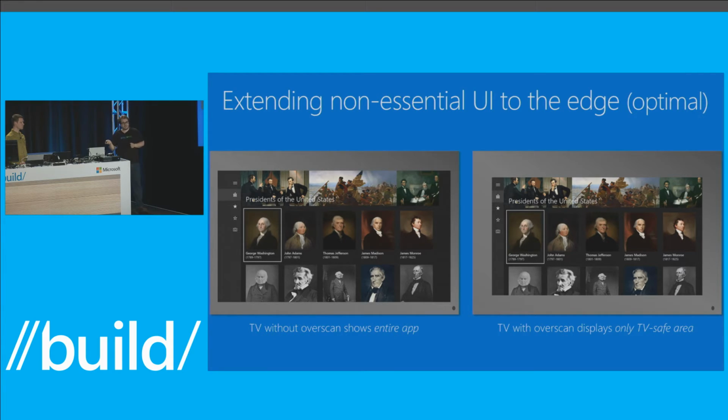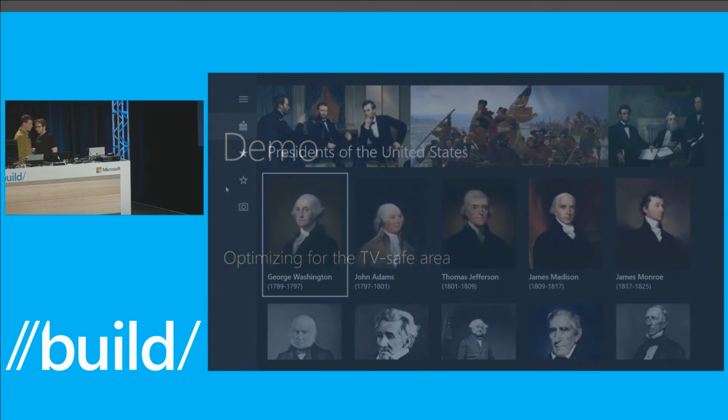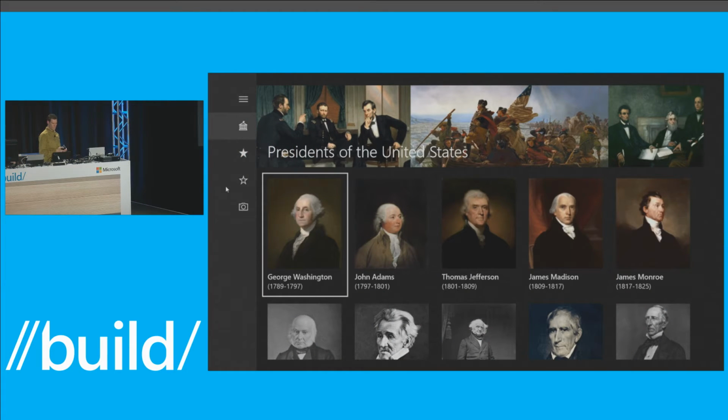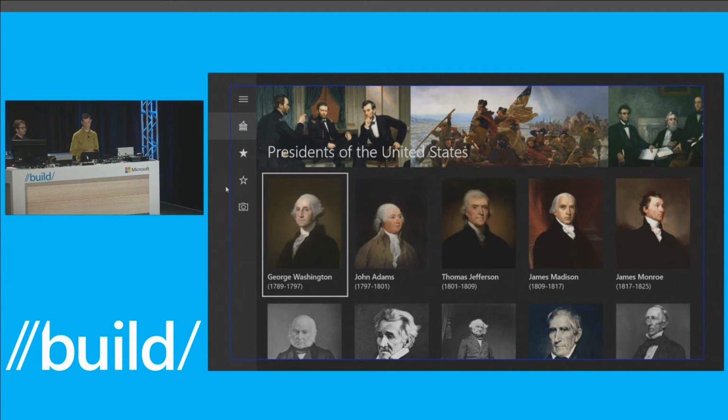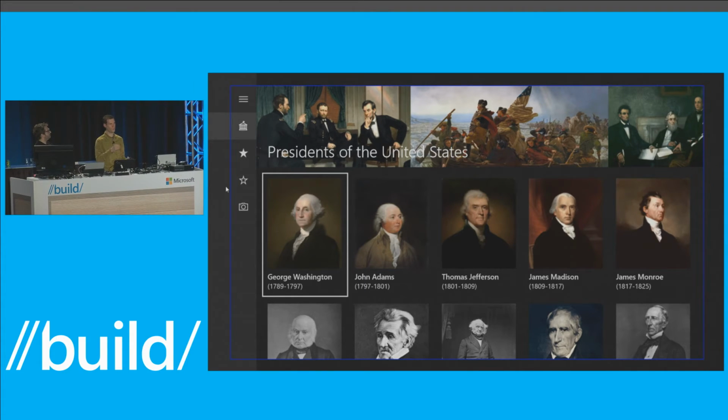All right, so let's see how you go about doing that. So let's just pull back up the President's app and visualize those overscan margins there with the blue rectangle. So you can see we've already done some optimization earlier with the navigation bar, where the navigation bar background was extended those 48 pixels to the left, those 27 pixels to the top, and the 27 pixels to the bottom.